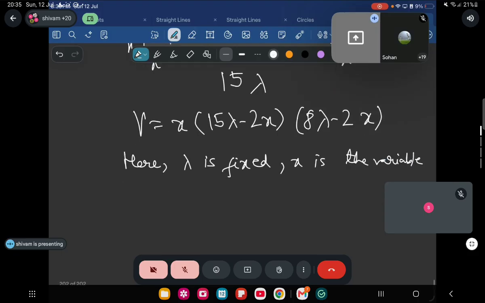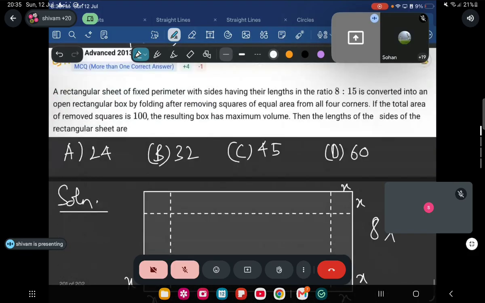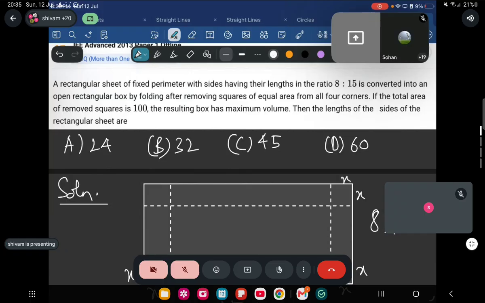Now it is given that from all four corners, if the total area of removed squares is 100, the resulting box has maximum volume. Then find the length of the sides of the rectangular sheet.